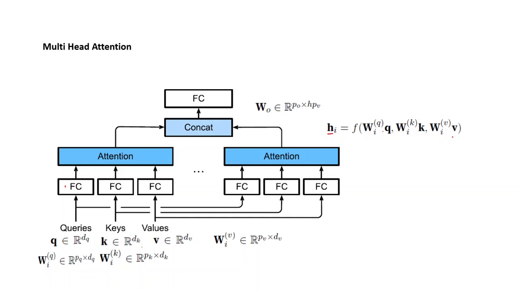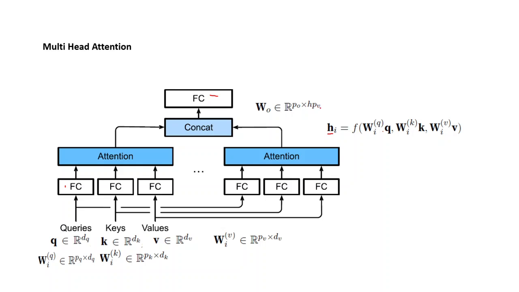And these are concatenated together, and that will again be multiplied with another weight in this fully connected layer, which will have a dimension of po, the hidden dimension, into h cross pv.